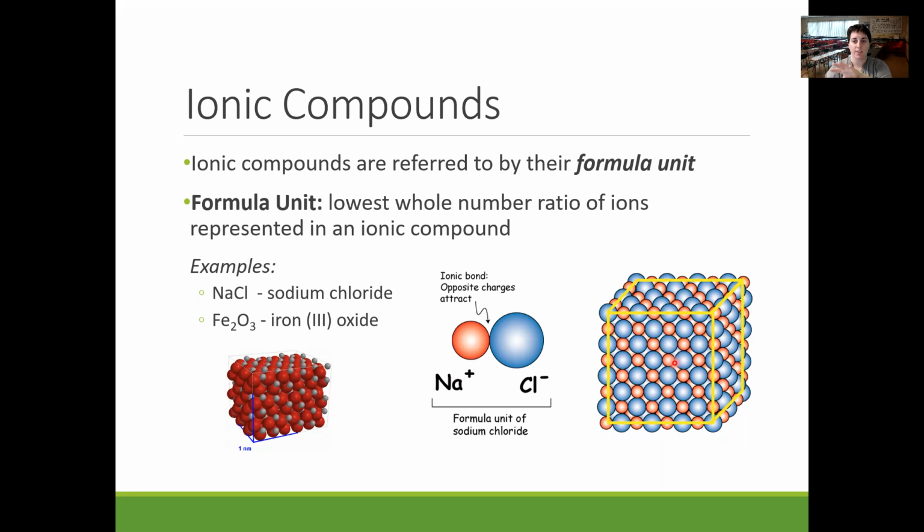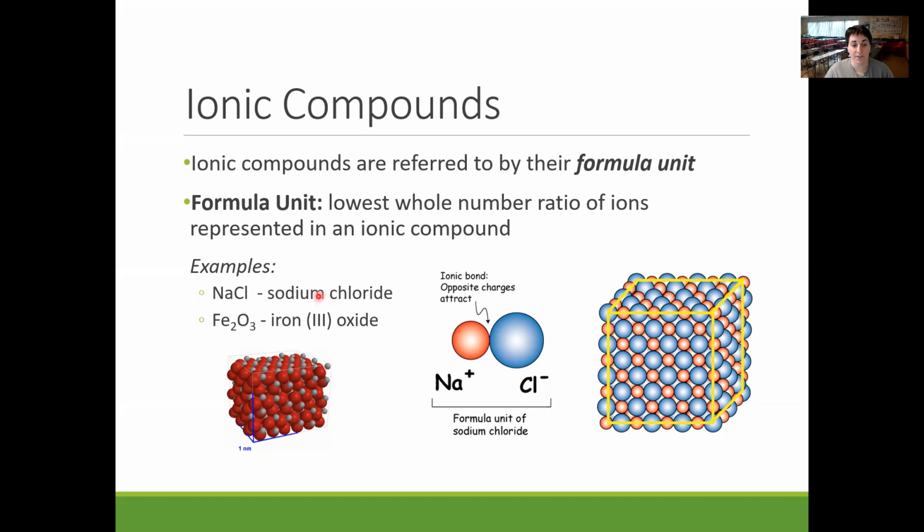We've got sodium, chlorine, sodium, chlorine. But that can be reduced down to the lowest ratio. For every one sodium ion, there's always one chloride ion, which is why the formula unit for that bond between Na and Cl is just called NaCl.